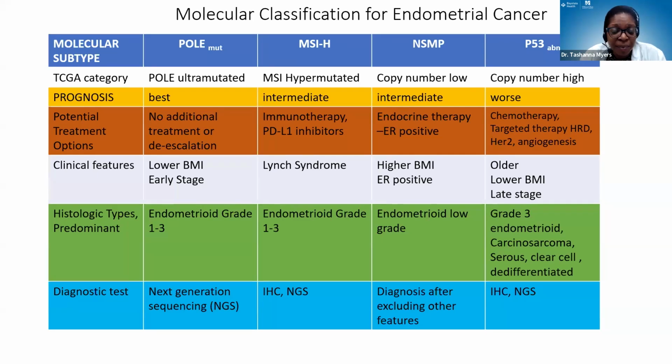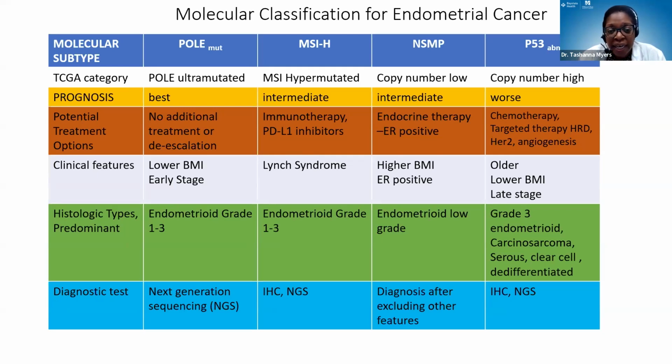It's in most hospitals very standard, very routine, and 3 of the categories can be determined with that testing. So the MSI high, and the P53, and obviously if you have the absence, you fall into the NSMP category. POLE mutation has been identified using next-gen sequencing.